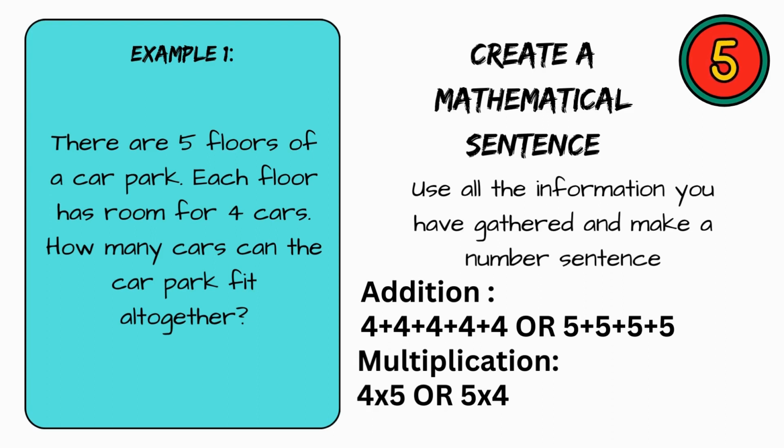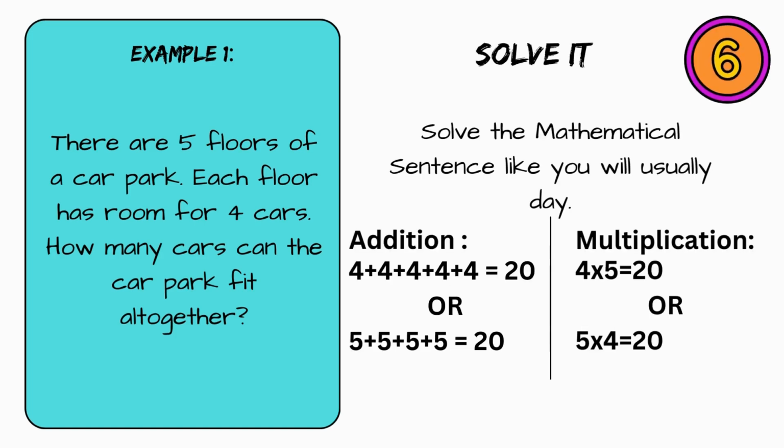So now we're moving over to step 6. We are almost done. Step 6: solve the mathematical sentence like you usually do. There's an error in there, it says "they"; it should be "usually do." Sorry for the error. So the answer is 20.